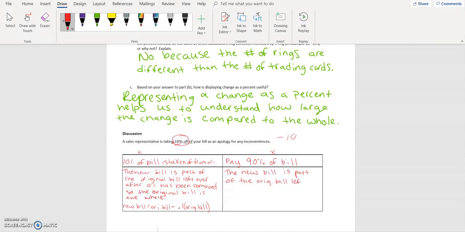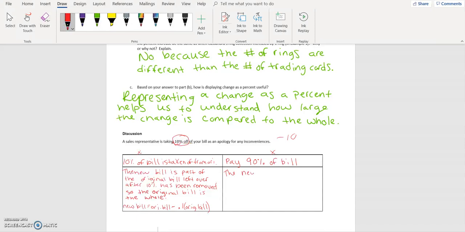Whoops, I'm sorry, I'm writing from the wrong side. I know that was a good bit. Most of that was right, sorry. I switched my sides.